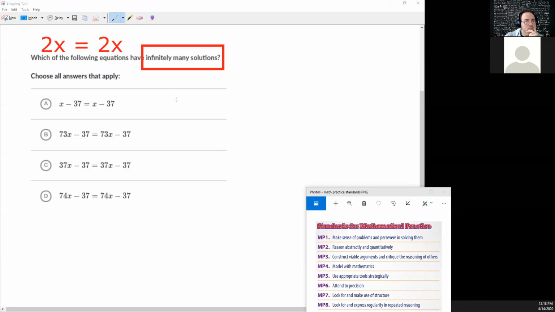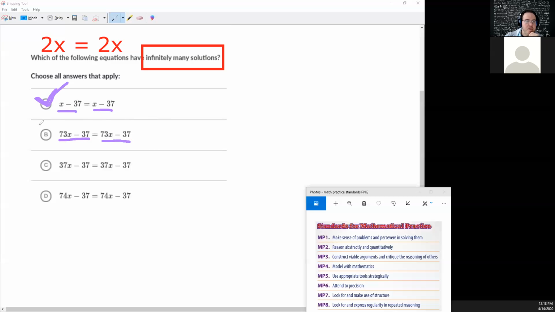Okay. So x minus 37 equals x minus 37. I don't even need to do any math. I already like this one. That's not what I wanted. They're the exact same on both sides already. So that one's done. 73x minus 37 equals 73x minus 37.